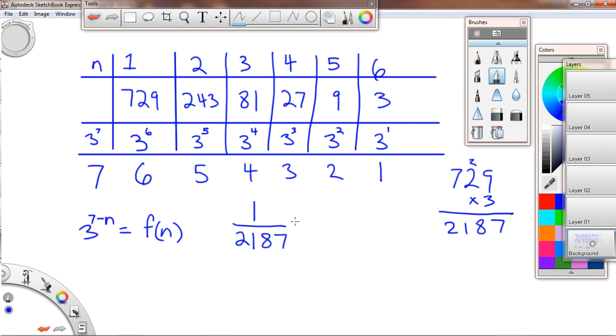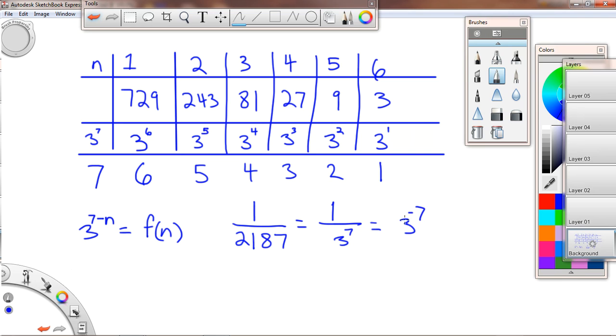This right here is equal to 1 over 3 to the 7th. And another way I can write that is by saying that 1 over 3 to the 7th would be 3 to the negative 7th. That's the definition of negative exponents.